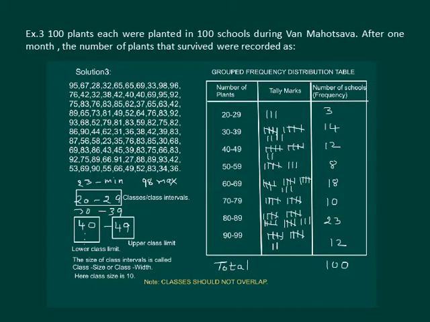And also, we could have made more classes of shorter size or fewer classes of larger size. For instance, the interval could have been 22 to 26, 27 to 31, and so on. So there is no hard and fast rule about what classes we must choose.